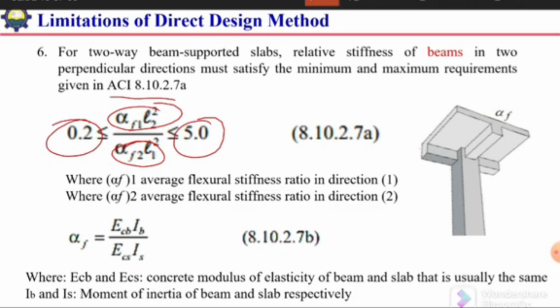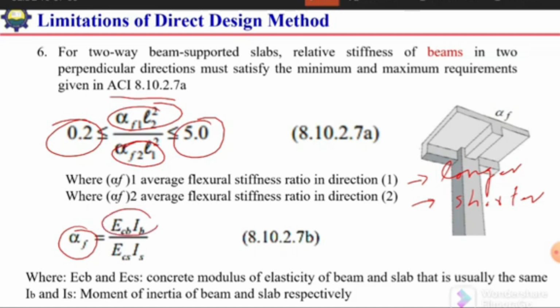So here alpha F1 is average flexural stiffness ratio in direction 1. So we can assume any direction as direction 1, preferably the longer direction, and alpha F2 is average flexural stiffness ratio in direction 2, preferably the shorter direction. And alpha is actually the flexural stiffness ratio of beam to slab.